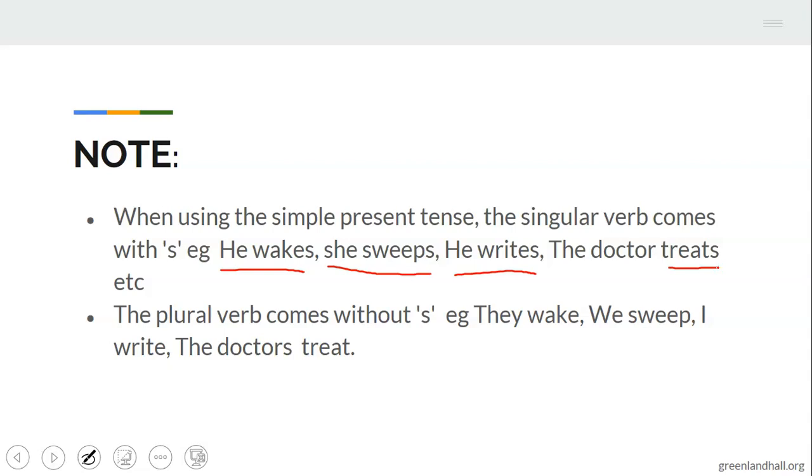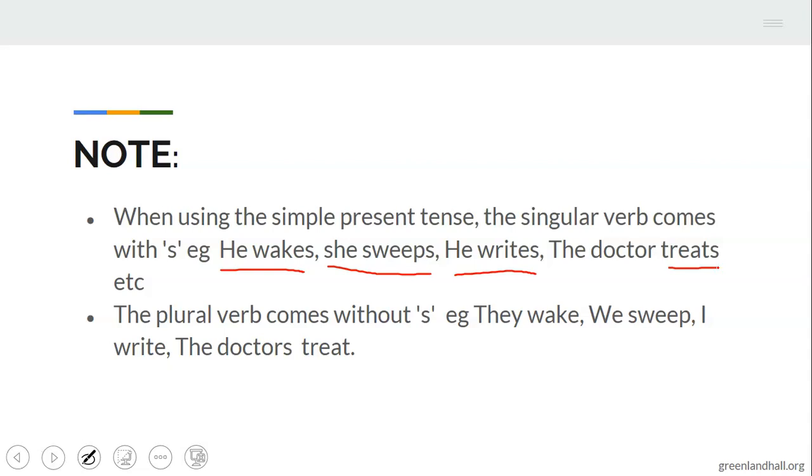When you see the singular verb, it has to carry S. And then the subject has to be singular. He, just one person. She, one person. The doctor, one person. So the verb that goes with it will be the singular verb, and the singular verb in English has to come with letter S.